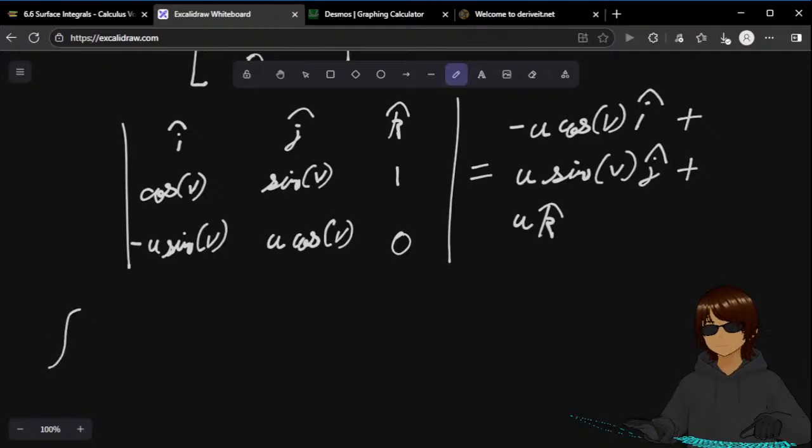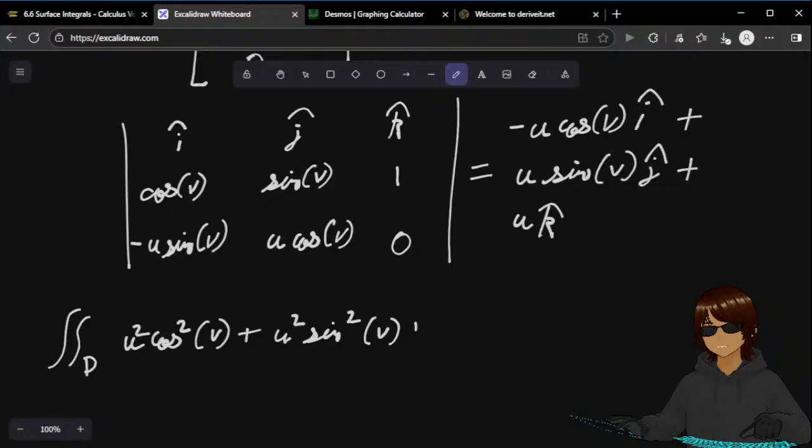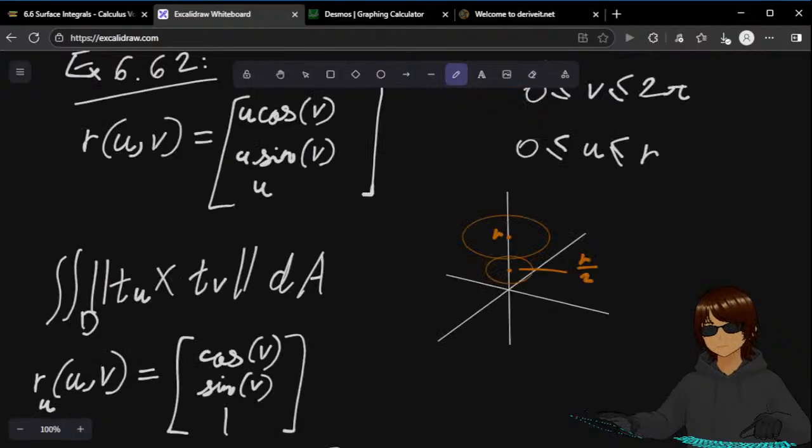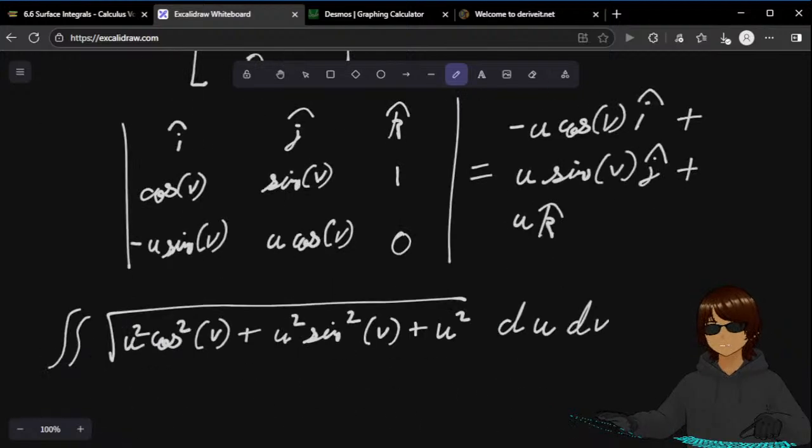And then we have the length of this, right? So U cos square V plus U square sine square V plus U square. From 0 to R, and then from 0 to 2 pi.